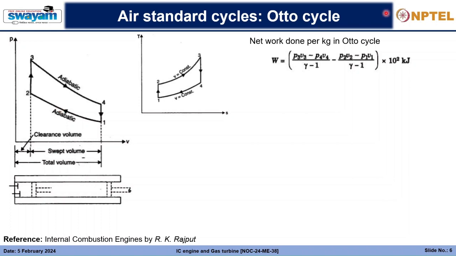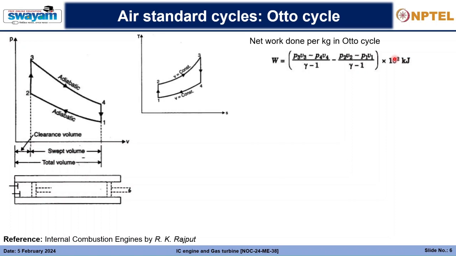So the 1 to 2 part is the work input. That is how work output minus work input will give the net work done per kg in the Otto cycle. So simply multiply with that, and you can avoid this 10 to the power 2 into kilojoule, but you will have to take care of the units that you are using.